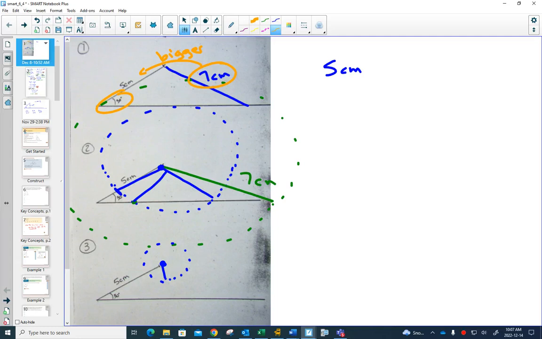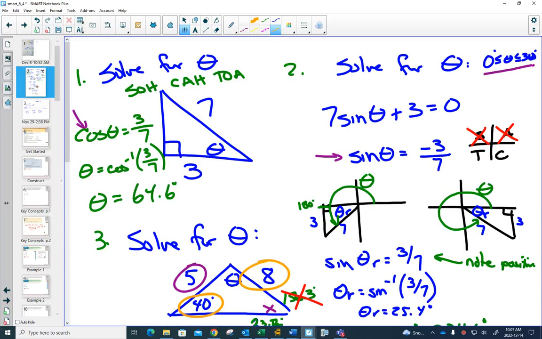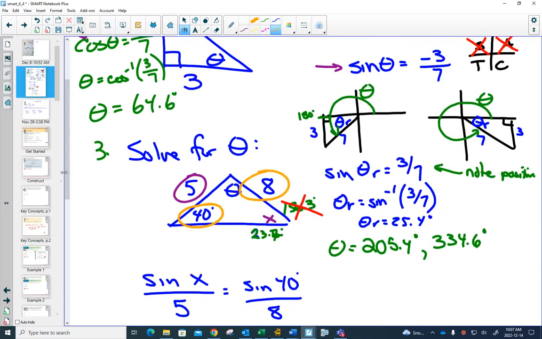Can you see that that was the situation in question number 3? You see the opposite of the 48 was bigger than the adjacent side of 5. So some people use that already and just say, I'm just going to find one angle because I know only one is going to work. I showed you that you still can find both angles and check them and find out that way that only one angle works as well.